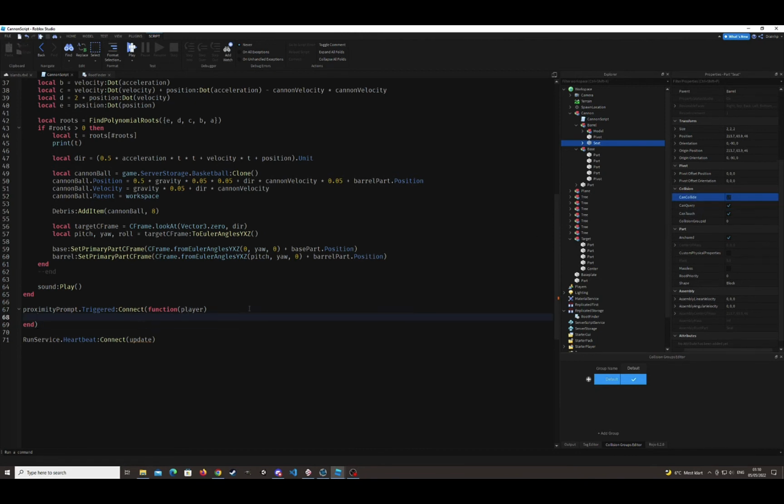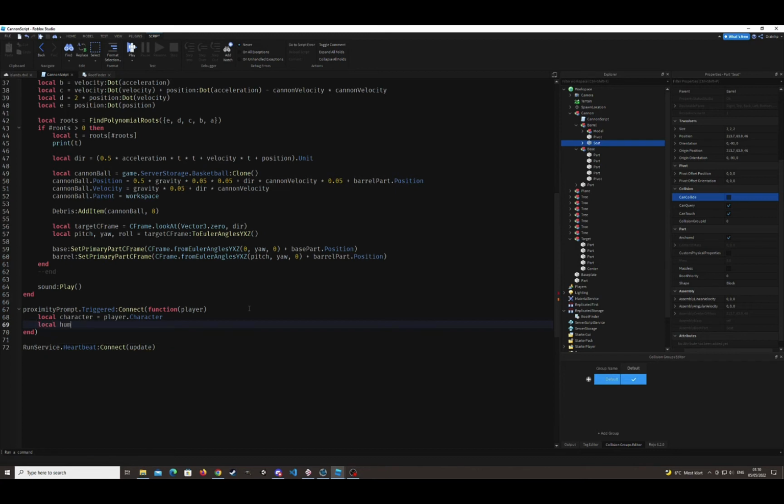So we might get the player character. Local character is player.Character. Then we might check if the character has a humanoid.